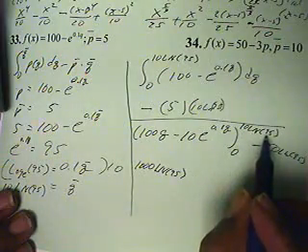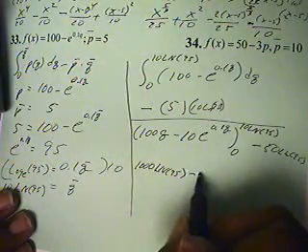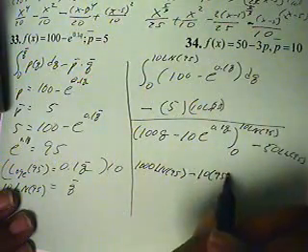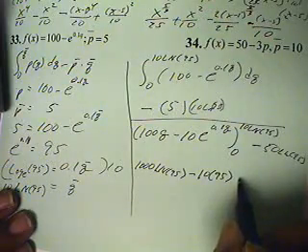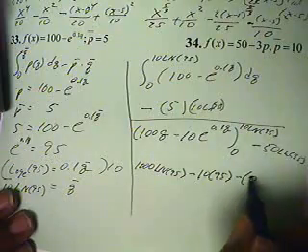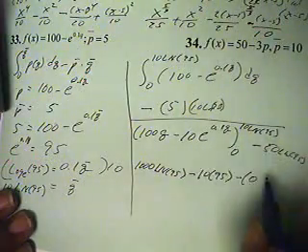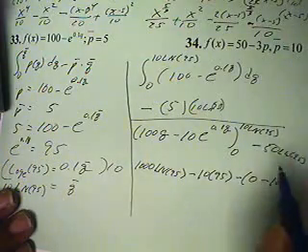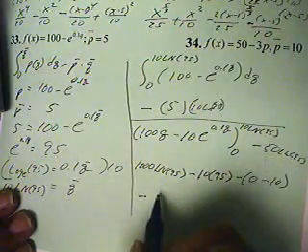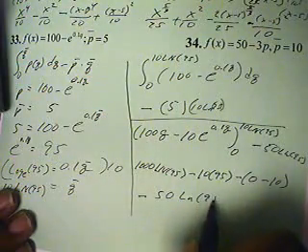We'll get e to the power of natural log of 95, and that'll just be 95. So 10 times 95. Okay, then we'll put the 0 in there. Putting 0 here gives us 0. Putting 0 here gives us e to the 0, which is 1, times 10, which is 10. And then all that minus 50 natural log of 95.